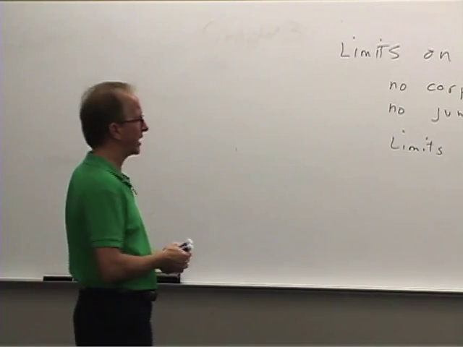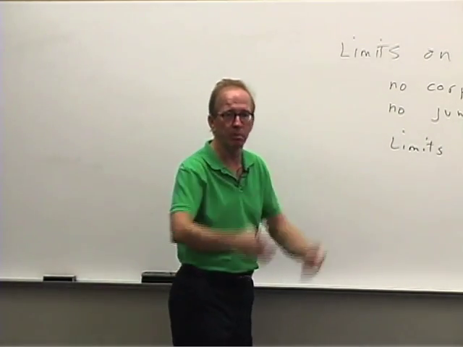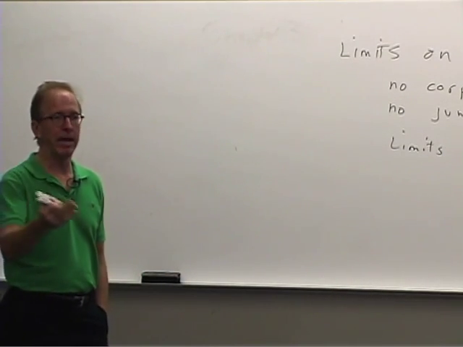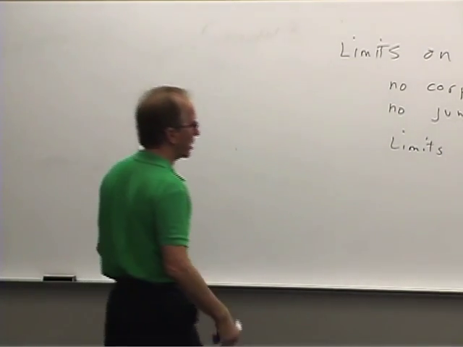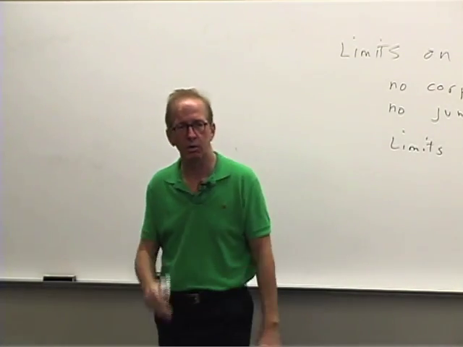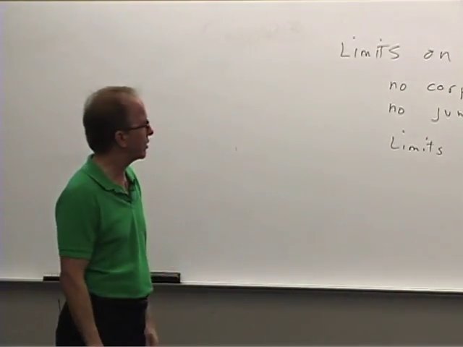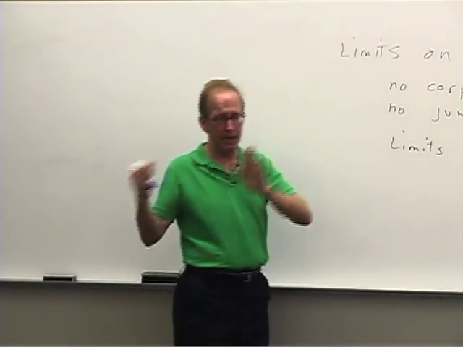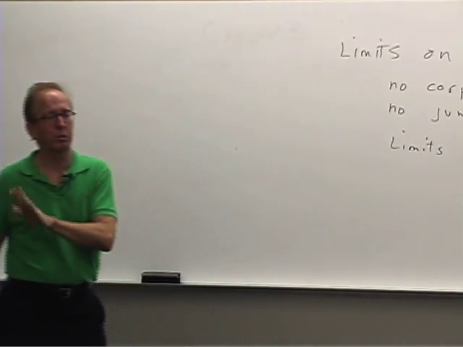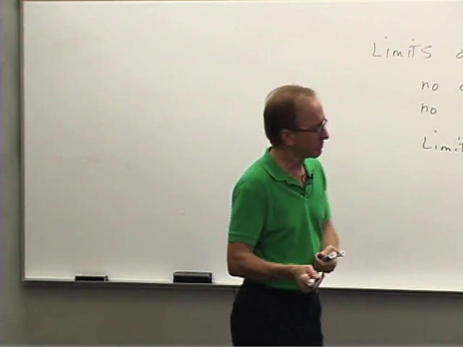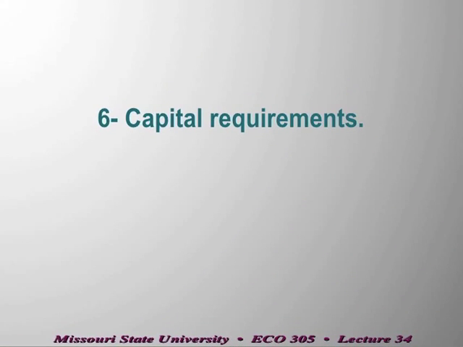They don't want the bank making all of its loans to one borrower, because if that borrower gets in trouble, then the bank would have lots of loan losses and that would put it out of business. So there would be a limit on how much you can lend to any one borrower. So, diversify the risk. These are things that banks don't necessarily like. These are bank regulations to reduce the likelihood of risk, but not by just contributing to bank profits. Capital requirements would be another example.